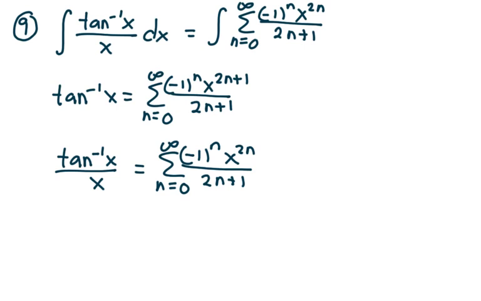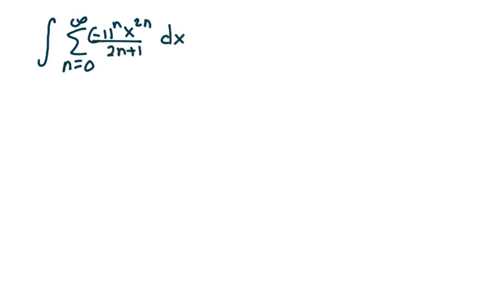Okay. Now let's go to the next page. So we have the summation from n equals 0 to infinity of negative 1 to the n x to the 2n divided by 2n plus 1 dx.